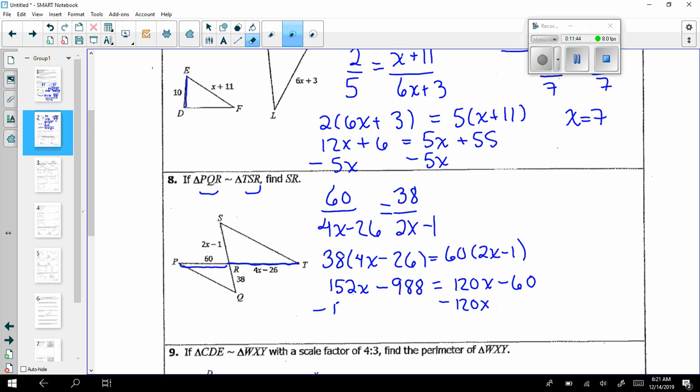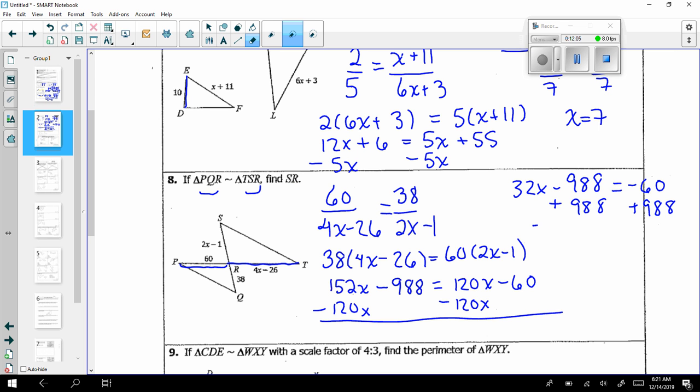The numbers are big, but not too horrible. So I get 32x minus 988 equals negative 60, and then I add 988. This is always really good practice for your Algebra 1 problem solving skills, and we can always use extra practice for that. So that's 928, and then I divide both sides by 32, and that's 29.